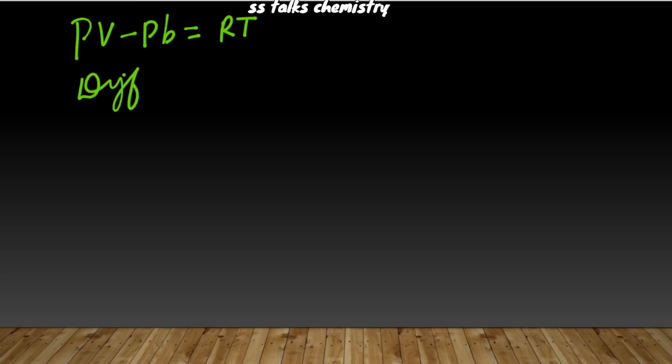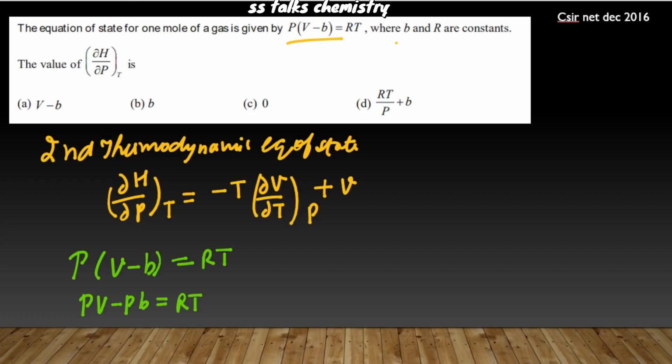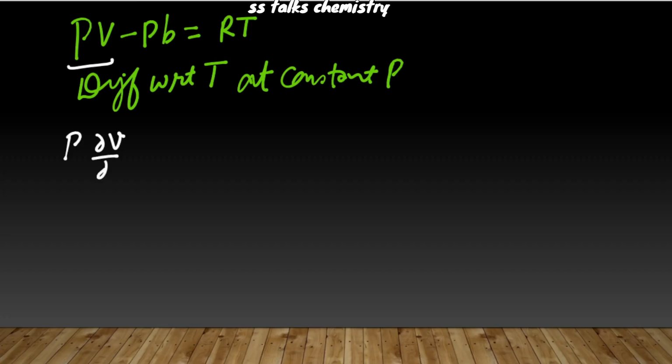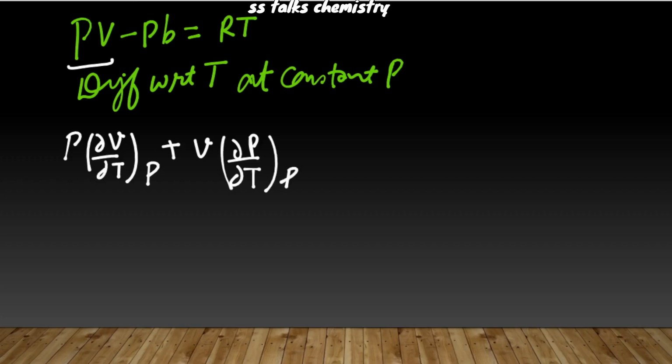Differentiate this with respect to temperature, because del V by del T we have to find at constant pressure. So PV, first function as it is, into del V by del T at constant pressure plus, second function as it is, that is the volume as it is, into del P by del T at constant pressure.